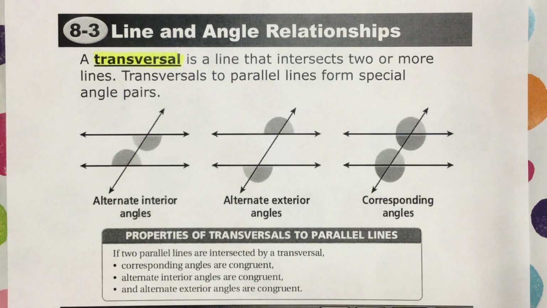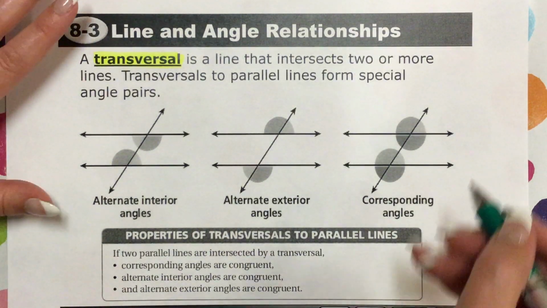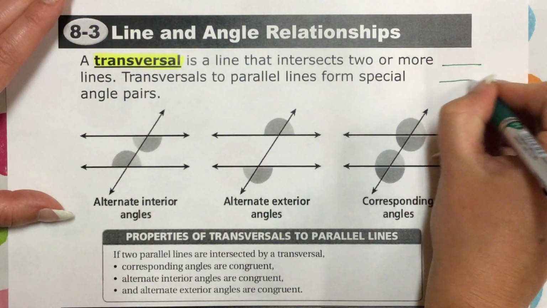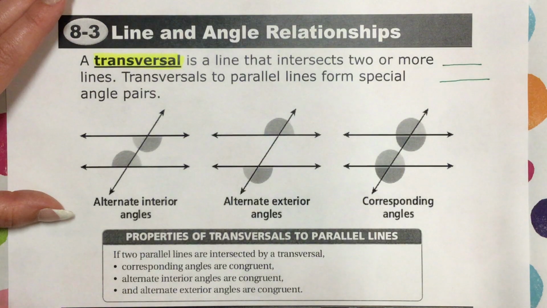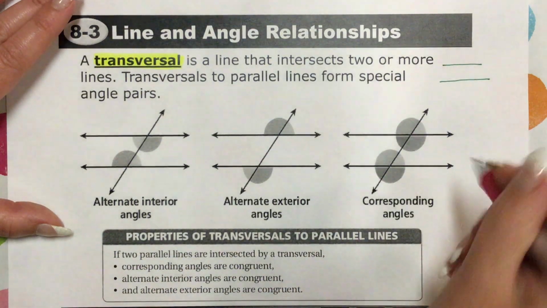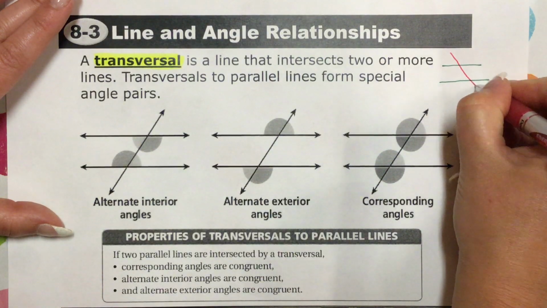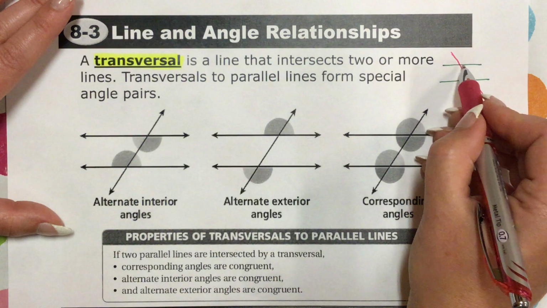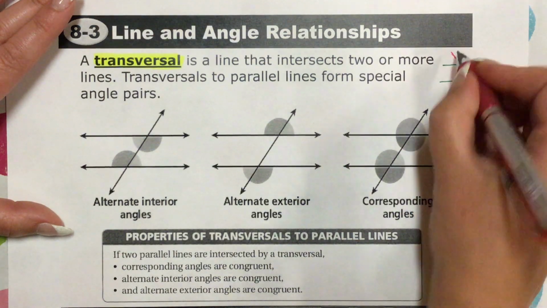Okay, so let's say I have 2 lines like this. Okay, I got 2 lines. Are these lines intersecting? No, they're not. But if I draw a line like this down, do you see how this pink line intersects this green line and this other green line?